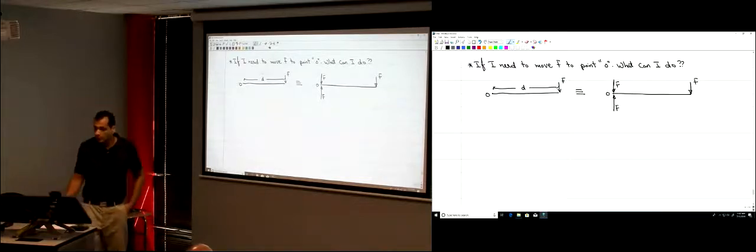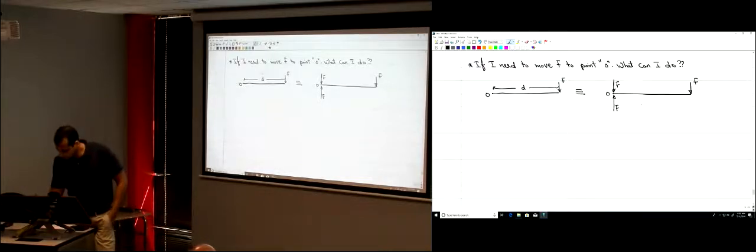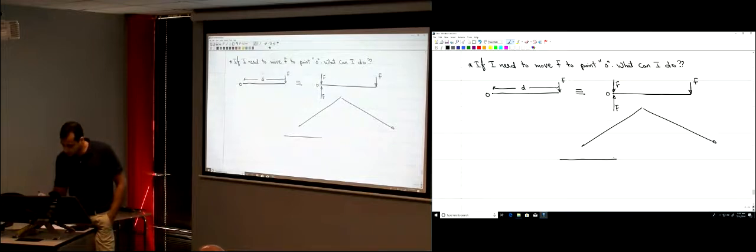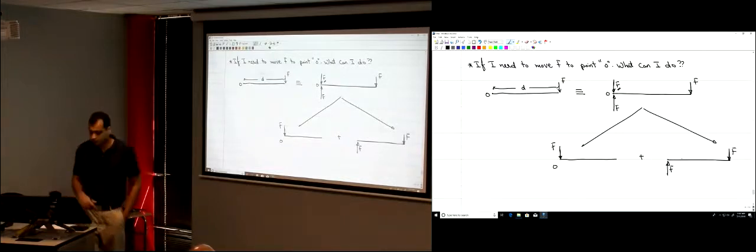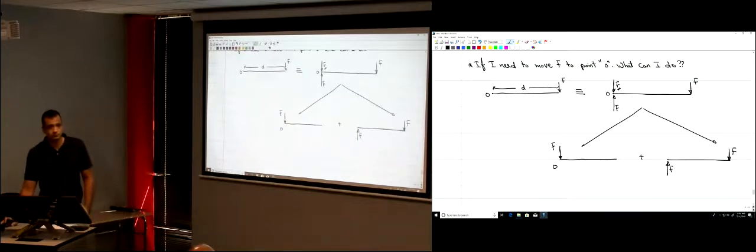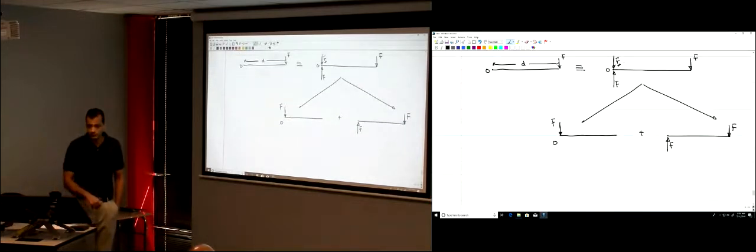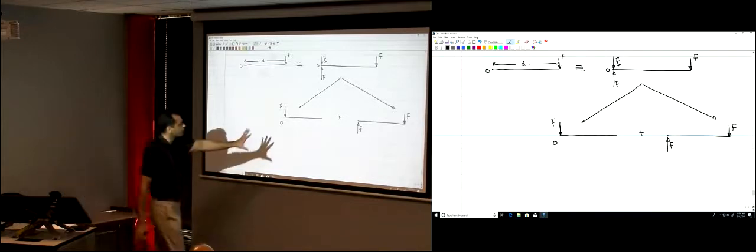So this is equivalent to what? I'm going to break it into two parts. I'm going to have this alone, plus those two forces. As you see, I reached what I was looking for.